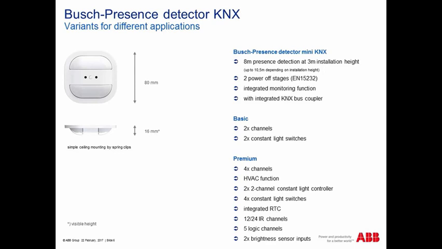So it is very flat. And if you see how small this presence detector is, it has a very huge detection range. At an installation height of 3 meters, we are talking here about 8 meter detection range. So this is a very powerful presence detector. All presence detectors here come with some special applications.